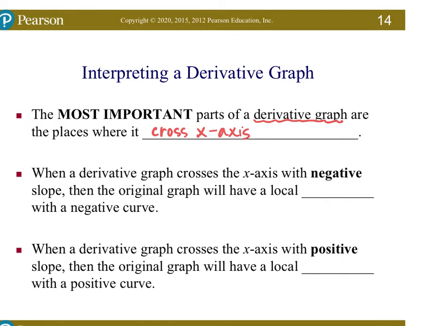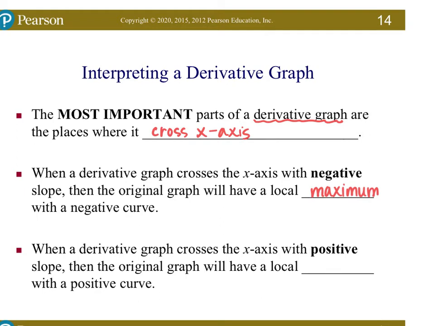Okay, each of those places where it crosses the x-axis is going to turn into either a max or a min. So when the derivative graph crosses the x-axis with negative slope, then the original graph will have a local maximum with a negative curve.